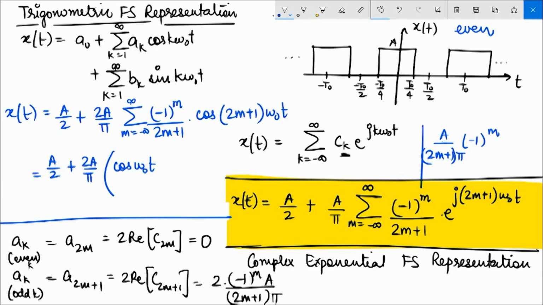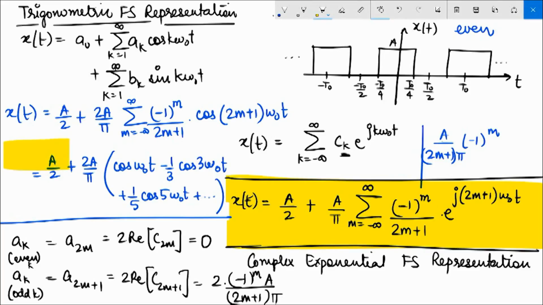So this is minus 1 by 3 cos 3 omega naught t. Okay. Then when m is equal to 2, denominator is 5 and numerator is again minus 1 to the power 2, that means 1. So 1 upon 5 cos 5 omega naught t, and so on.